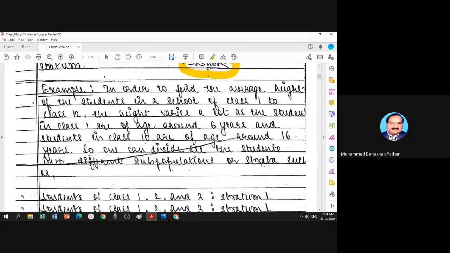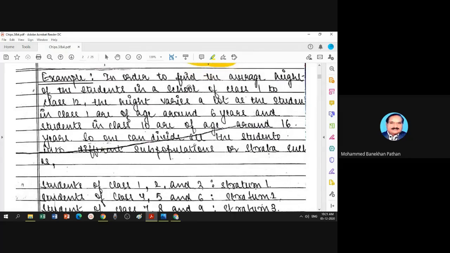An example to understand this: in order to find the average height of students in a school with classes 1 to 12, the height varies a lot, as students in class 1 are around 6 years of age and students in class 10 are around 16 years.